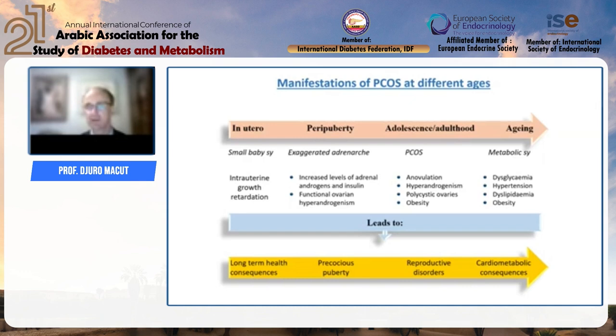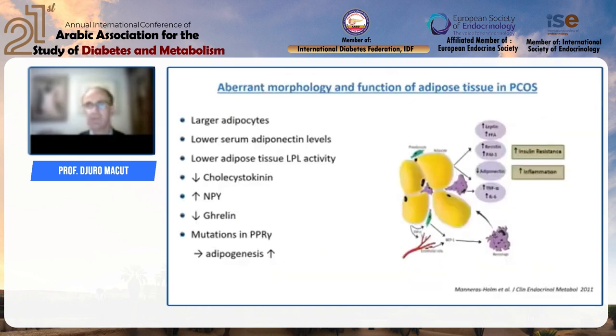So we start from reproductive ones and then come to the late cardiometabolic consequences, with diabetes being the most possible to develop later in life.